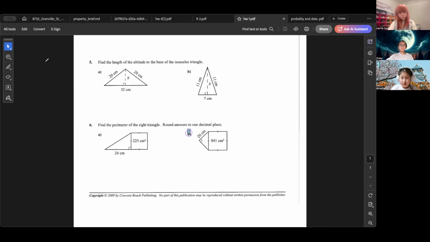Oh, wait, I forgot to calculate the perimeter. So what is the answer? I said I forgot to calculate the perimeter. Give me like 10 seconds. Okay, finished. 70.0.